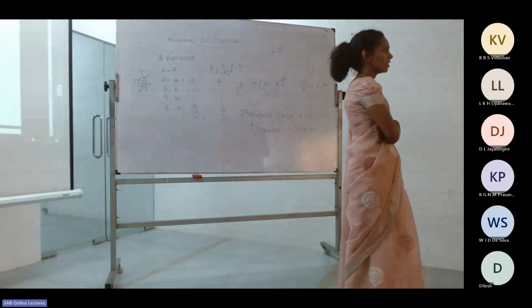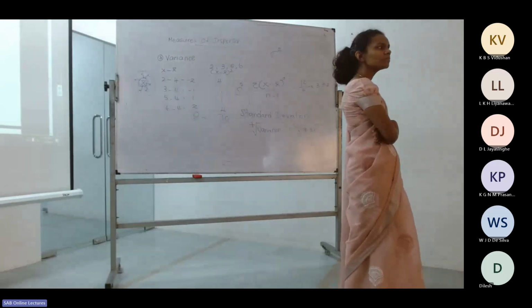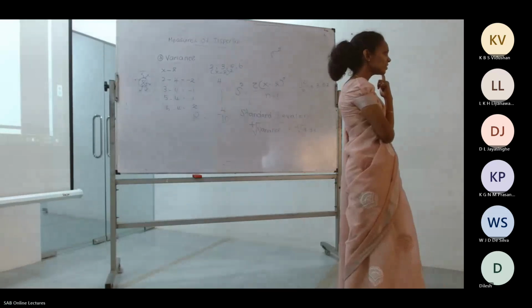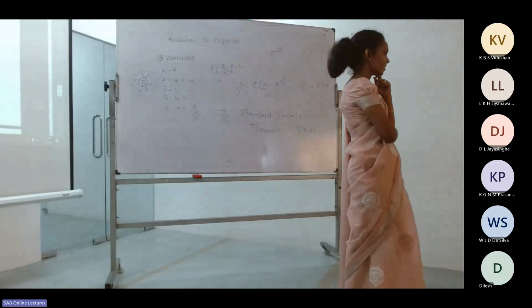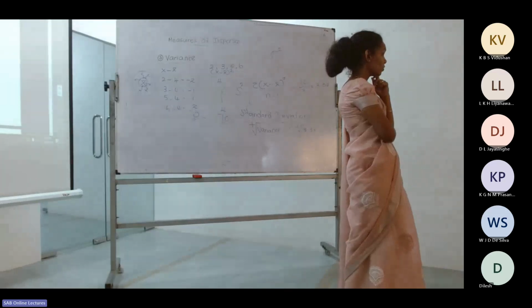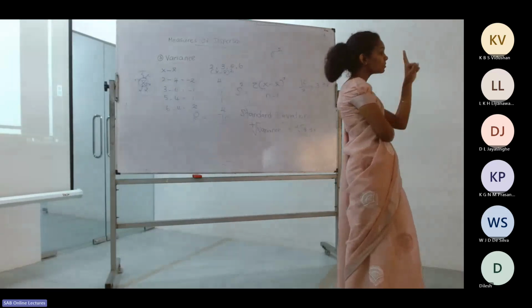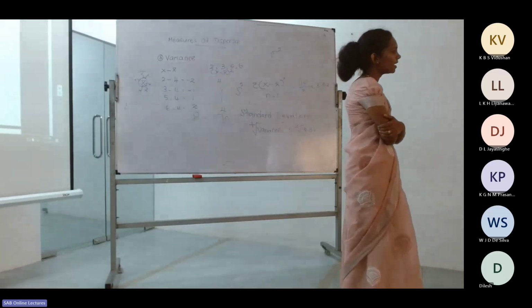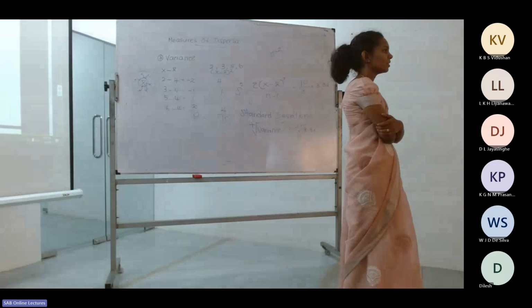We always fix the rules. Good. No. Range, the first measurement. Range is the maximum value minus the minimum value.